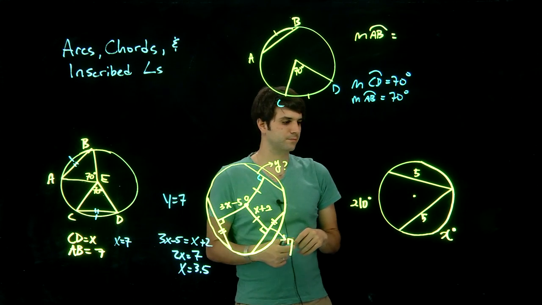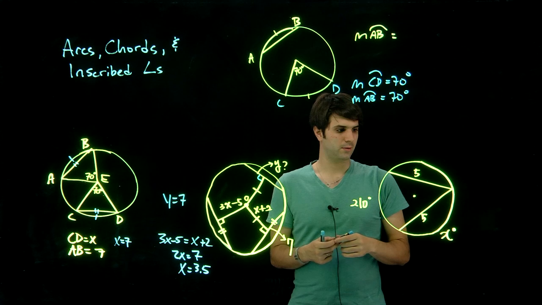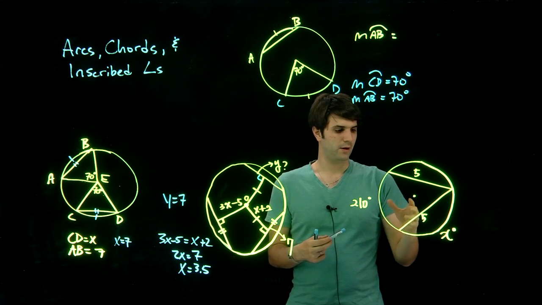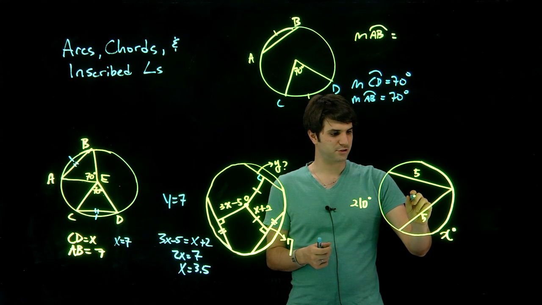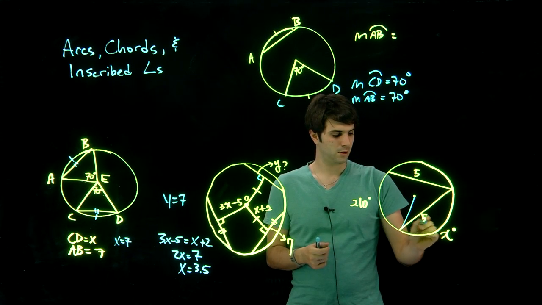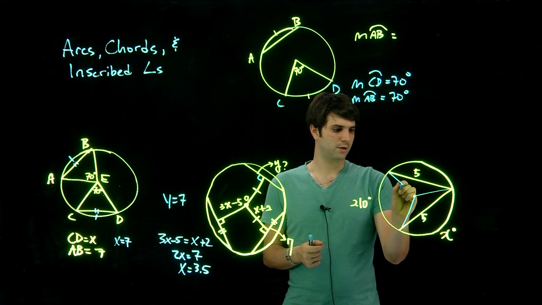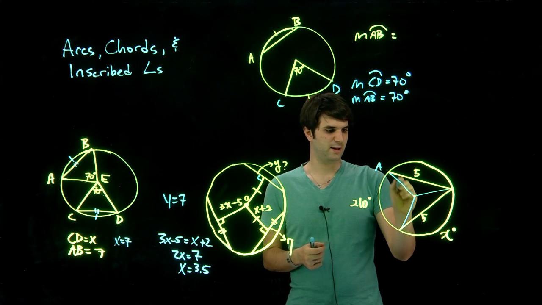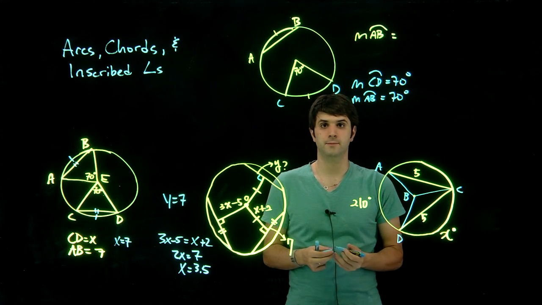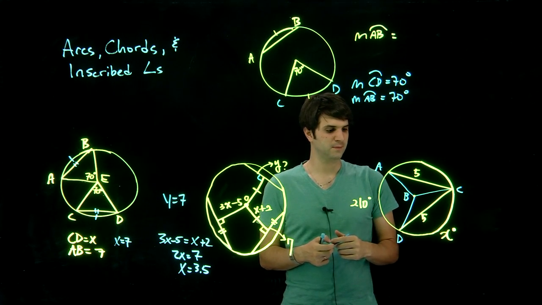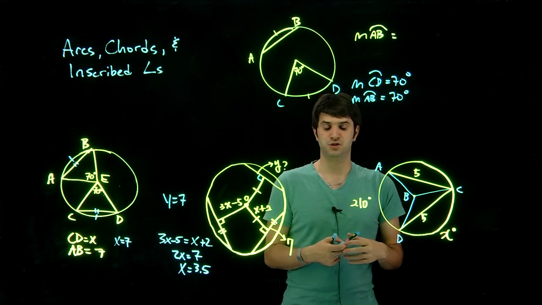Finally, over here, we have a circle with 2 chords that are congruent, so they're both 5. We want to know the measure of this arc. Let me draw in some letters here, A, B, C, and D. We know that angle ABD, even though it doesn't look like it, is 210 degrees.